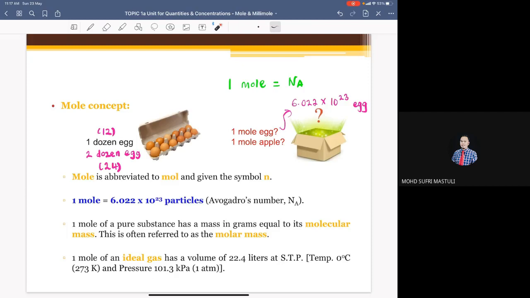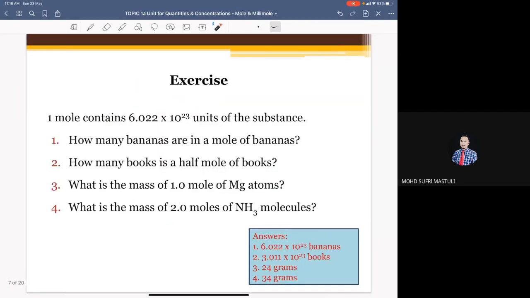In this slide, what I want you to understand is the mole concept. 1 mole is equivalent to the Avogadro number. Okay, some easy exercises related to the mole concept. We know 1 mole of anything contains 6.022 times 10 to the power 23 units of the substance.